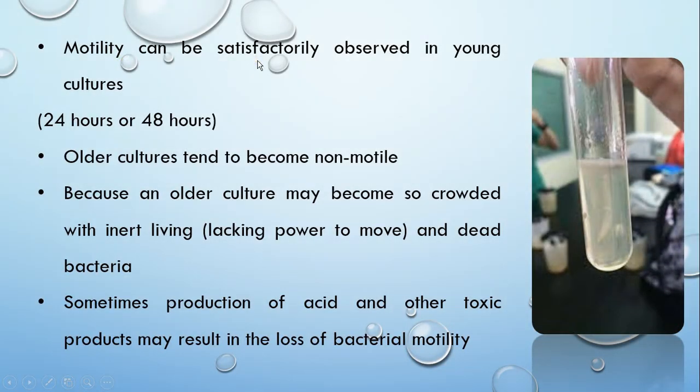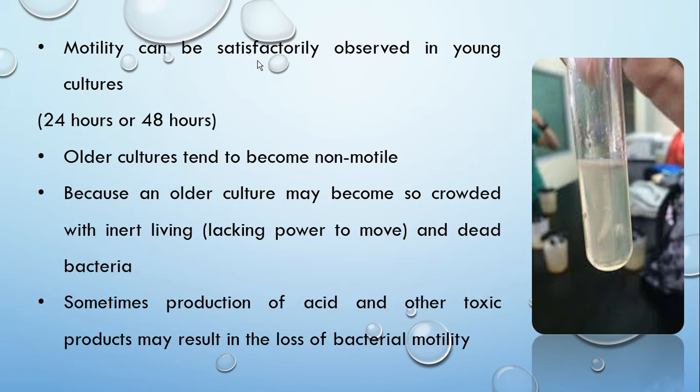Motility can be satisfactorily observed in young cultures. That means cultures 24 hours or 48 hours old are satisfactory for motility tests. Older cultures tend to become non-motile because an older culture may become so crowded with inert living and dead bacteria.